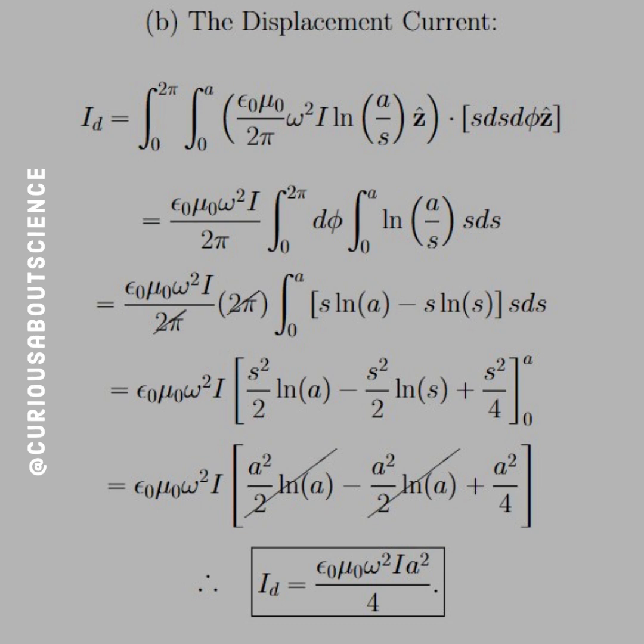Hope you remember your calculus. The minus sign actually gives 2 copies when we evaluate it at a, so they cancel out. Conveniently, I_D, the displacement current, is equal to epsilon naught mu naught omega squared I times a squared over 4. We see a lot of squared terms here, and they'll be simplified in the next step.